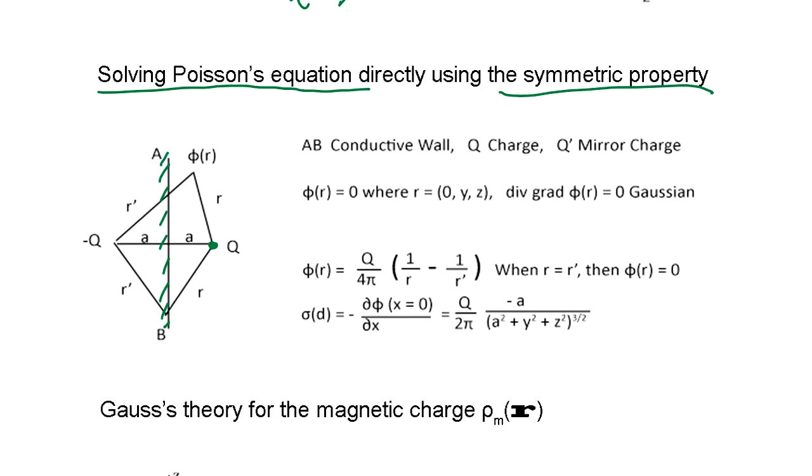The charge is here, and how does the electric field look in front of the conductor? So Q is a charge. We set the mirror charge. This is artificial, to solve this differential equation.